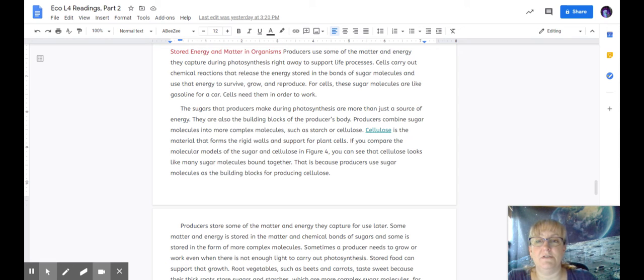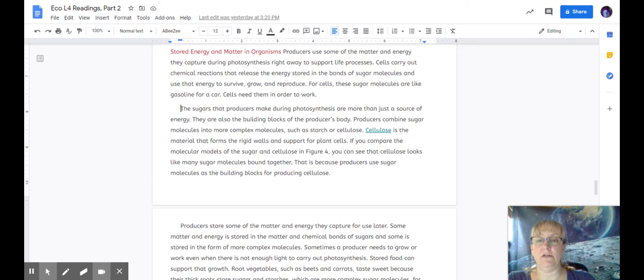The sugars that producers make during photosynthesis are more than just a source of energy. They are also the building blocks of the producer's body. Producers combine sugar molecules into more complex molecules, such as starch or cellulose. Cellulose is the material that forms the rigid cell walls and support for plant cells.